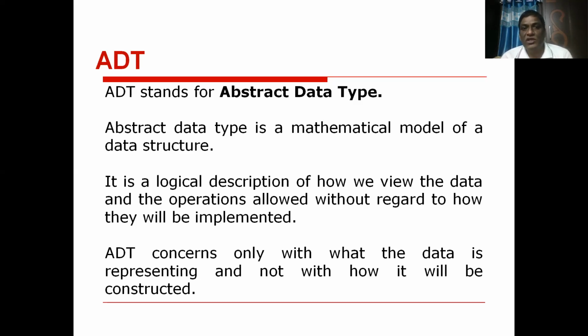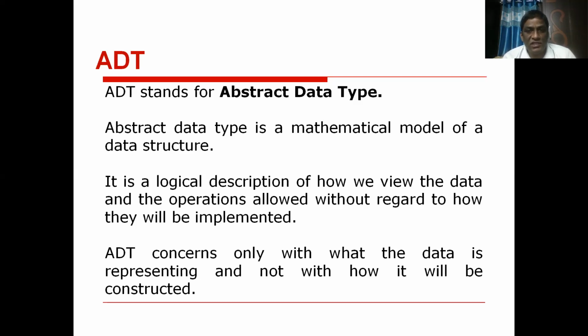So generally when we talk about abstraction, there are two types of abstraction. One is data abstraction, which means what kind of data structure is used. And functional abstraction is what kind of operations are used, but never specifying the way you are going to implement these operations. So this is what ADT concerns.